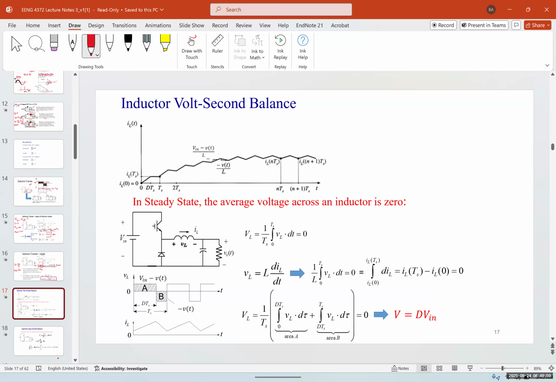Now, the inductor's volt-second balance. Initially, when you turn on the switch, the output voltage, the output current, and the inductor current, everything starts from 0. So it slowly goes up until it reaches a steady state, because initially all the storage elements are empty.